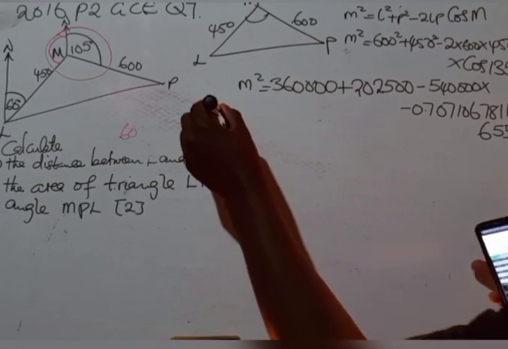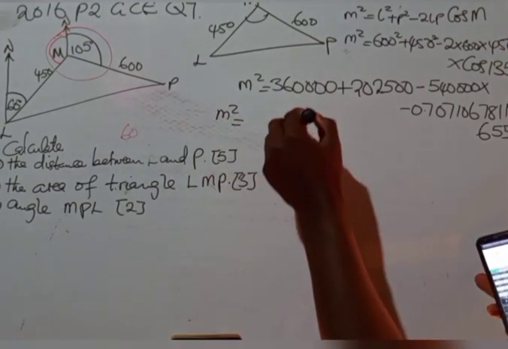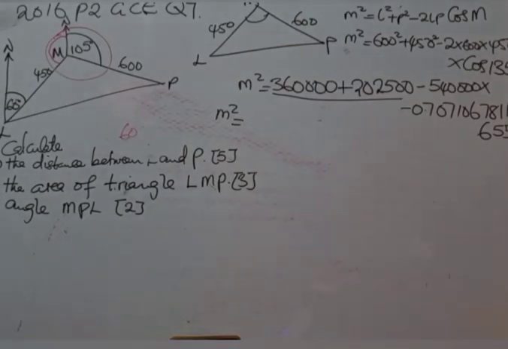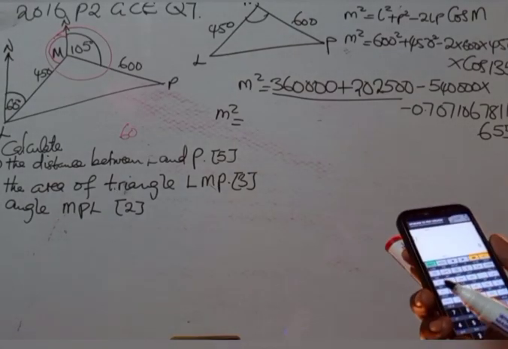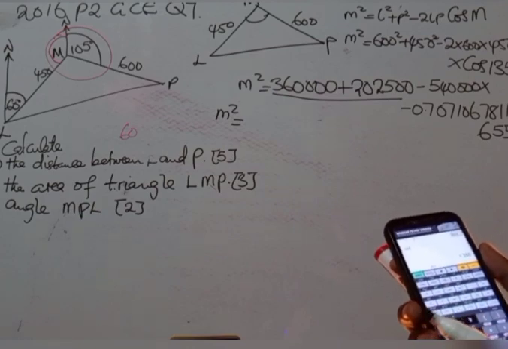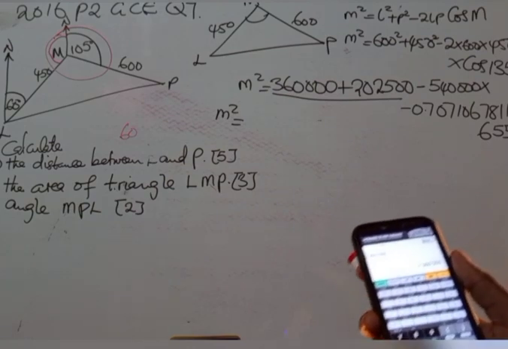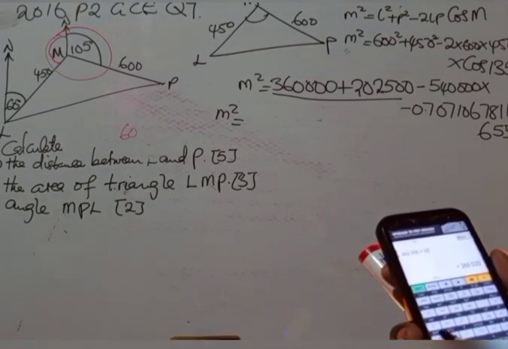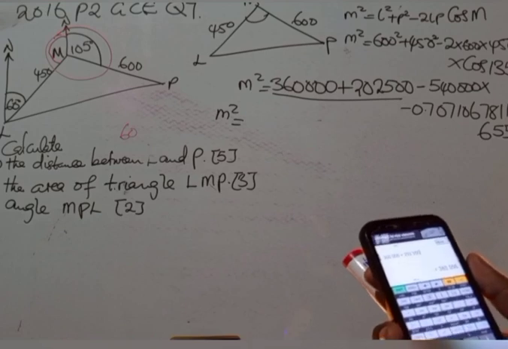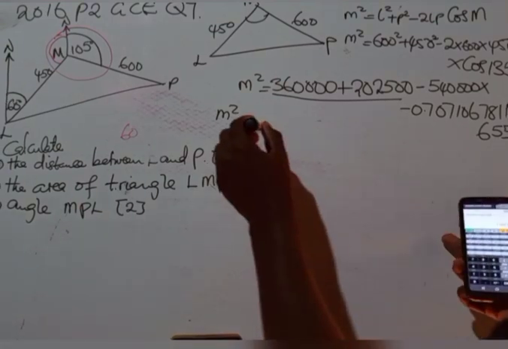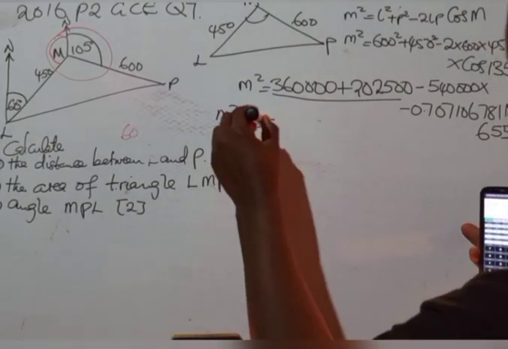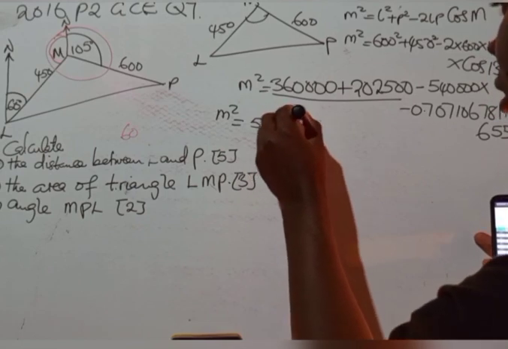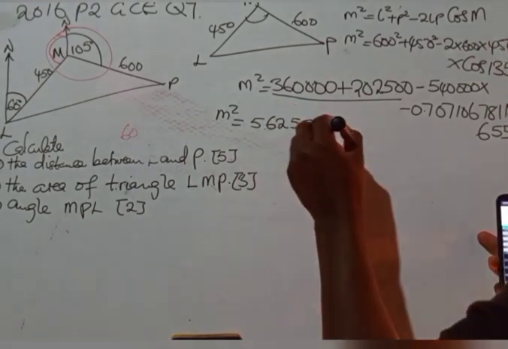So now we are going to say m squared is equal to, we add this. So you get your calculator and add. You say 360,000 plus 202,500. The answer we get is 562,500.